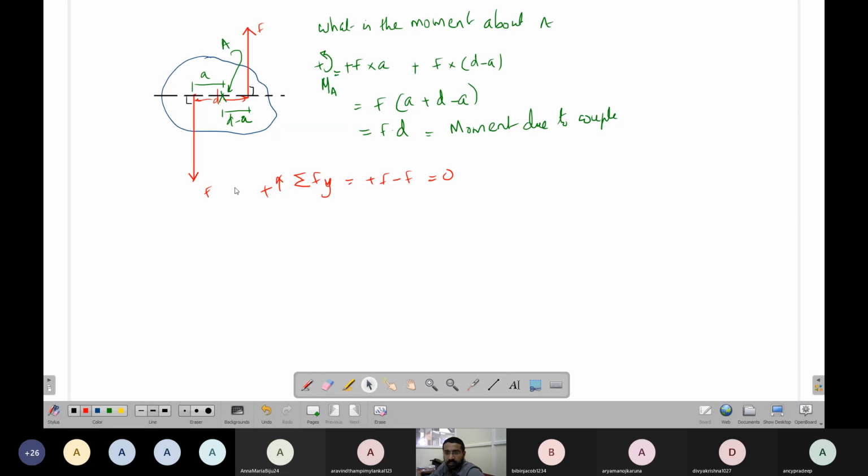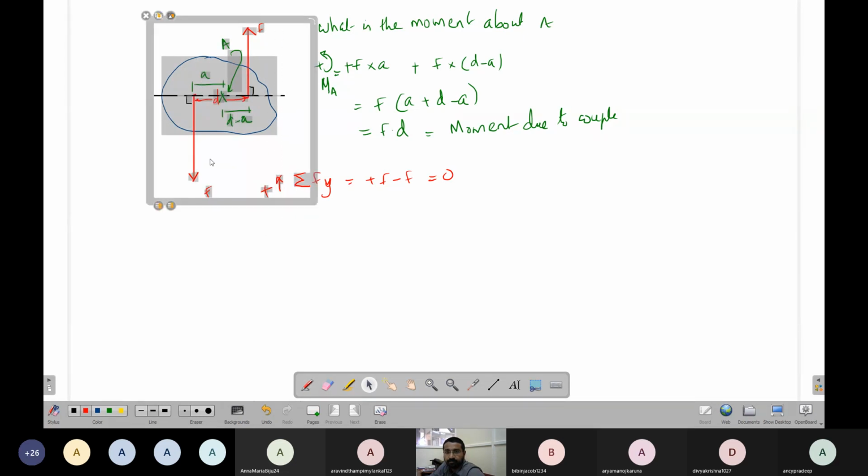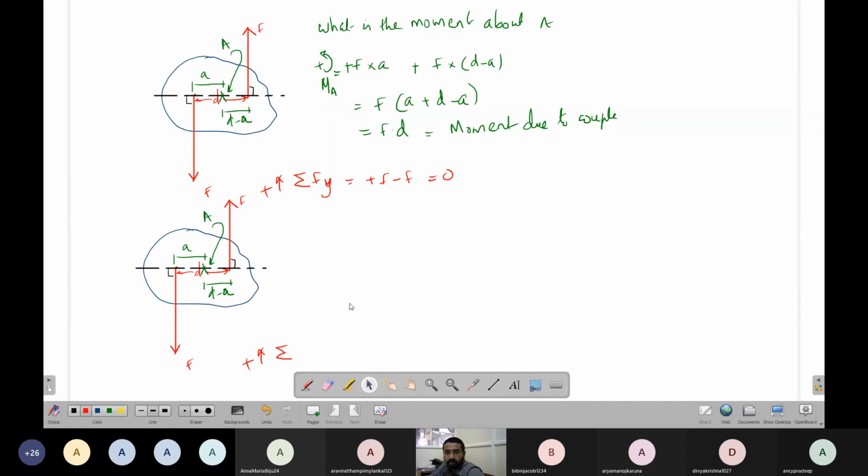So that means I can replace this system by a zero force and a moment in the anti-clockwise direction, F into D. So for a couple, the net force is 0 and there is only a moment.